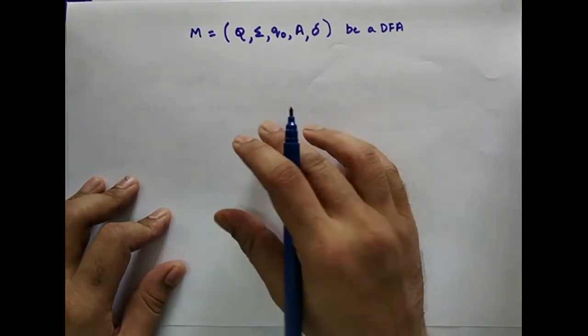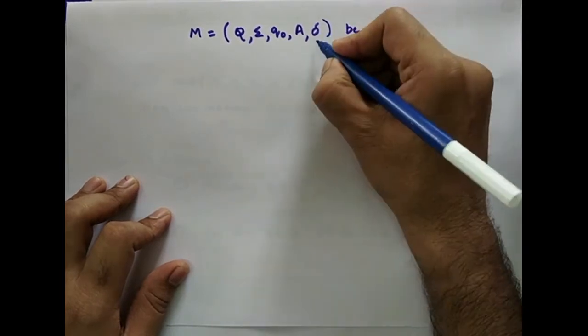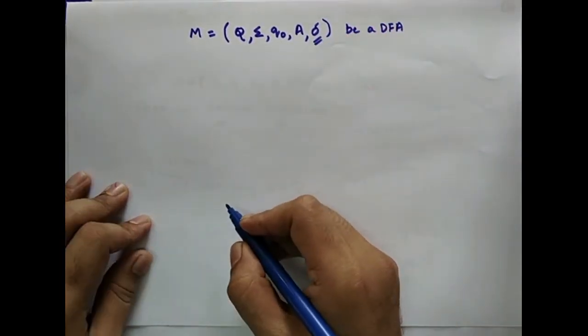First we will see what the problem is with the normal transition function.